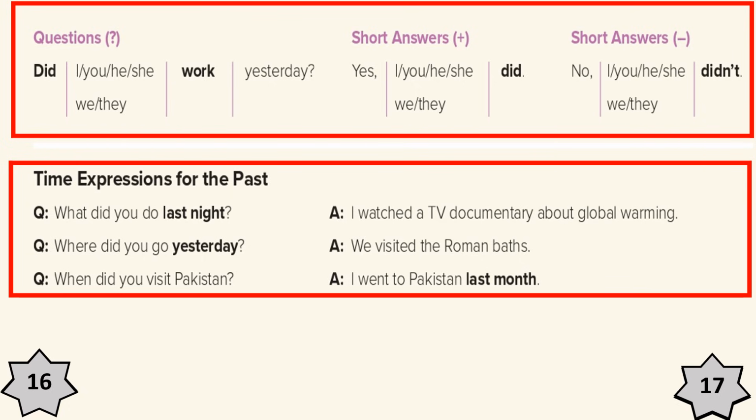Example number 2. Where did you go yesterday? Look at this word, yesterday, الأمس. We visited the Roman baths. Example 3. When did you visit Pakistan? I went to Pakistan last month. Look at this expression, last month, الشهر الماضي.